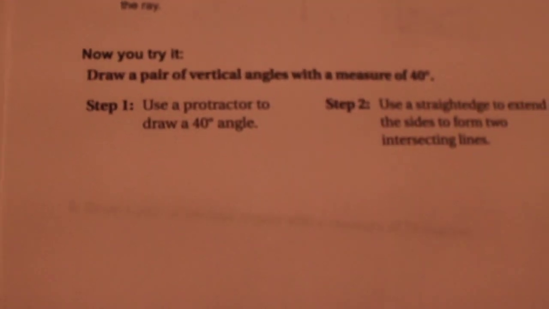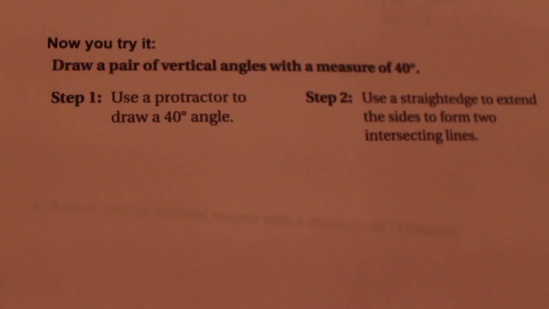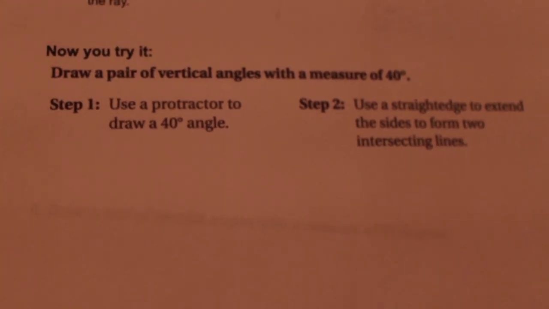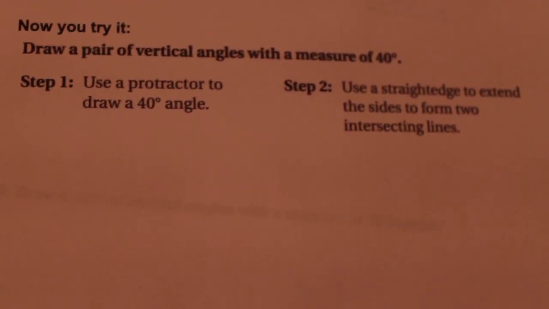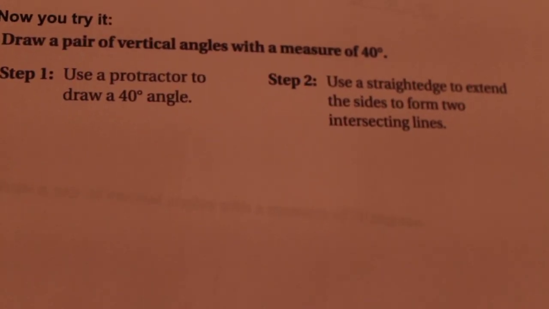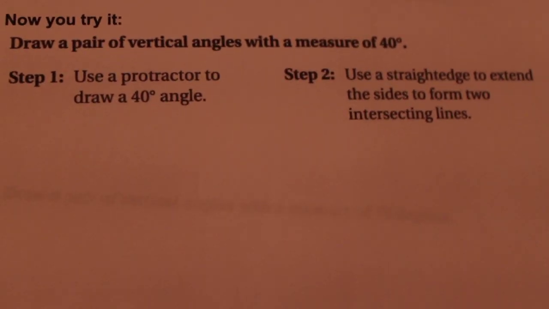Now I would like you to try the following two problems on your own. Draw a pair of vertical angles with a measure of 40 degrees. The first step you're going to do is use a protractor to draw a 40-degree angle. Use a straight edge to extend the sides to form two intersecting lines.